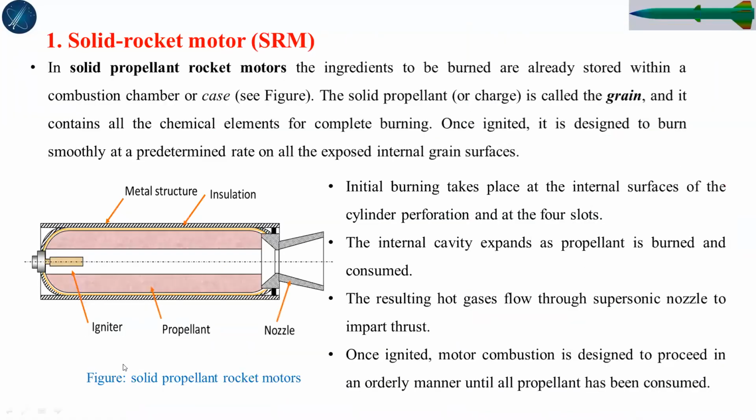We can see them here. Insulation is there. Insulation means the high energy or the high temperature created inside the combustion chamber will not come out to the structure. So to protect the structure from heat, we have to place an appropriate type of insulation. So insulation is there.